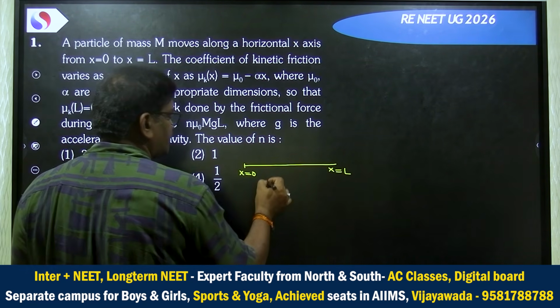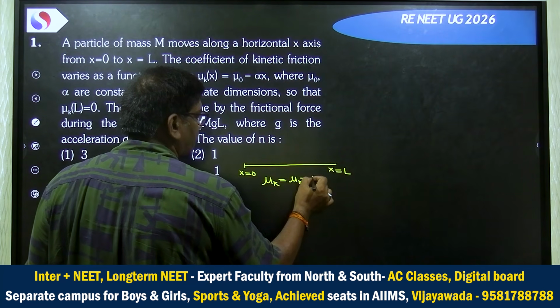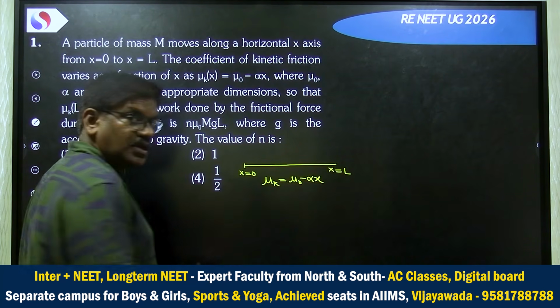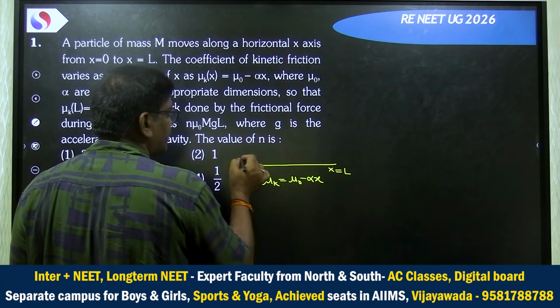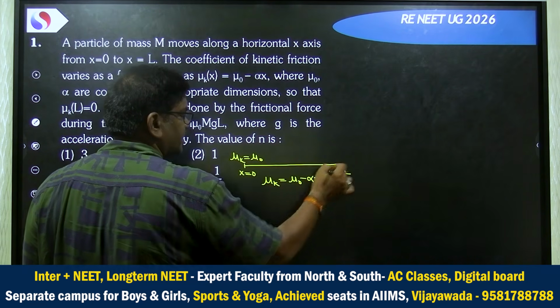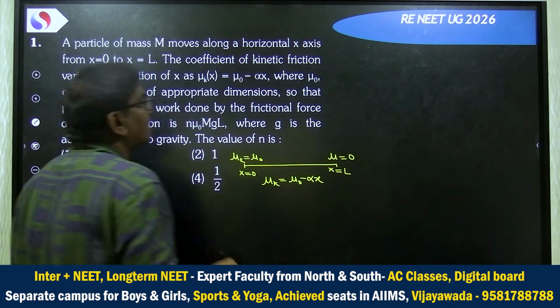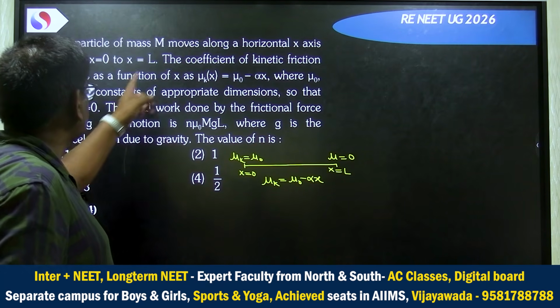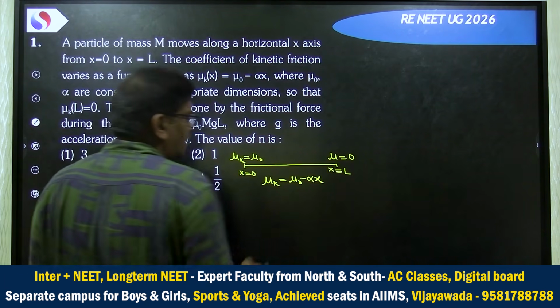So we have the coefficient of kinetic friction as variable here, which is mu naught minus alpha x. That means if I put x equals 0, I am getting mu k equals mu naught, which is continuously decreasing, and finally at this point it becomes 0, because as given, at x equals L, this coefficient of friction becomes 0.